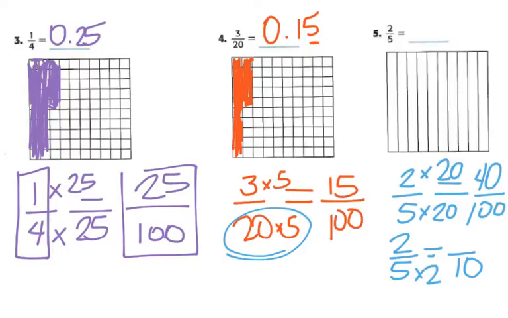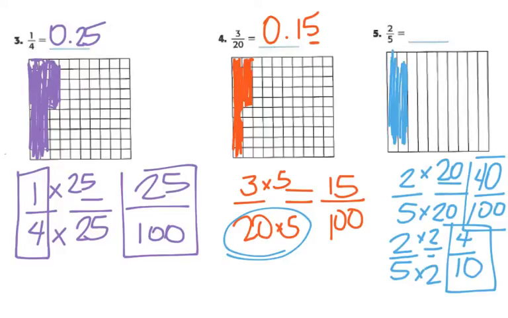or I could have also gotten 2/5 to have a denominator of 10. 5 times 2 equals 10. 2 times 2 would equal 4. So now I have 4/10 or 40 hundredths. Well, seeing as I only have a tenths grid here, I can simply do 4/10. 1, 2, 3, and then 4.